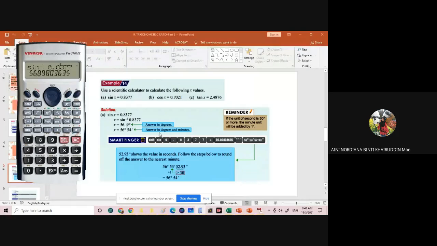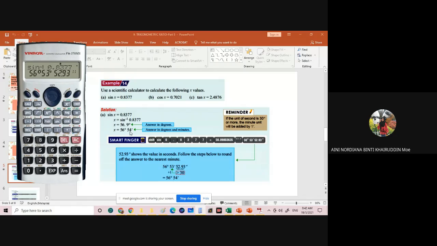If you want your answer in degrees and minutes, press this button. Then the calculator will give you 56 degrees 53 minutes. But look at this value. If the seconds value is greater than 30, then you need to add 1 to the minutes. This 52 is greater than 30, so add 1 to this. 53 plus 1 is 54.